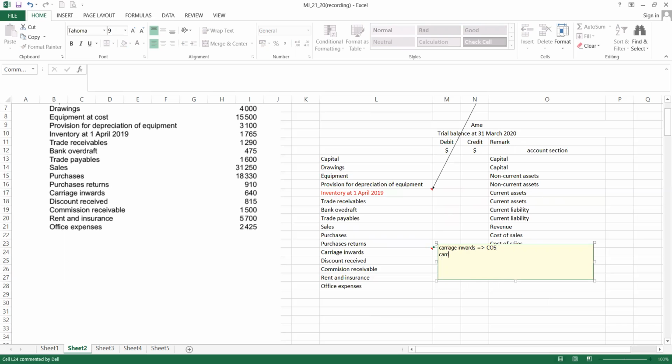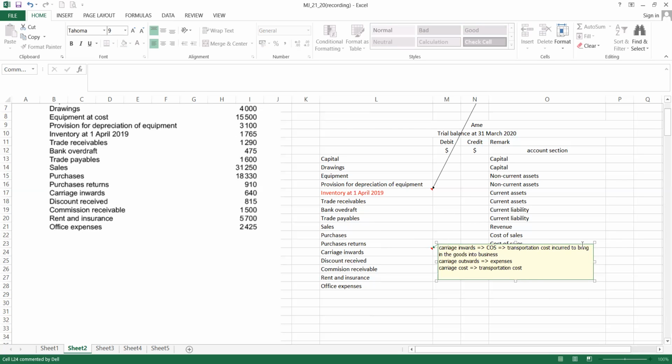Carriage outward is under expenses. Both carriage inward and carriage outward are actually transportation costs, but one is under cost of sales, one is under expenses. Carriage inward is the transportation cost incurred to bring the goods into the business.